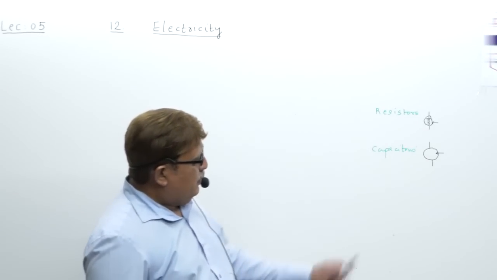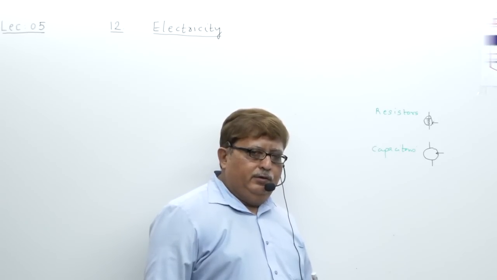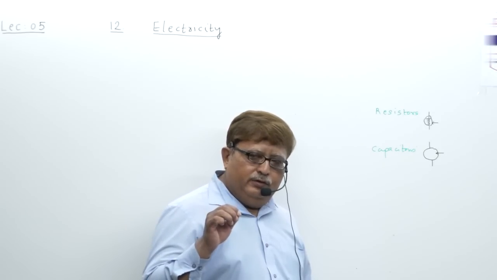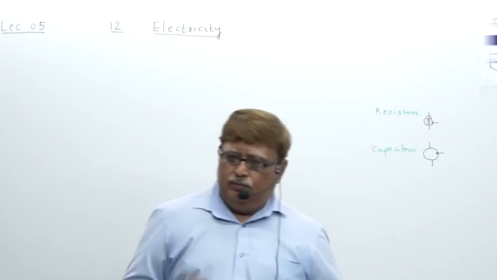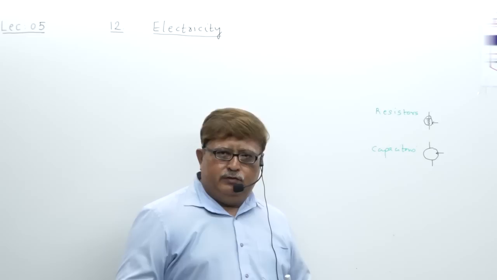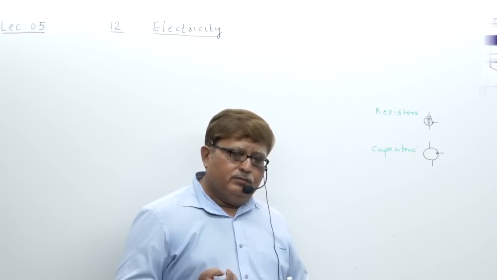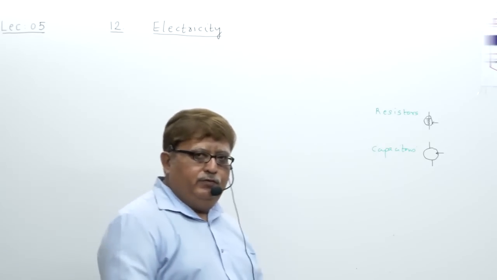My question was that you want 10 ohm resistance at one point in the circuit, but suppose 10 ohm resistance is not available in the market, then what will you do? That's the solution in today's topic which we are studying.